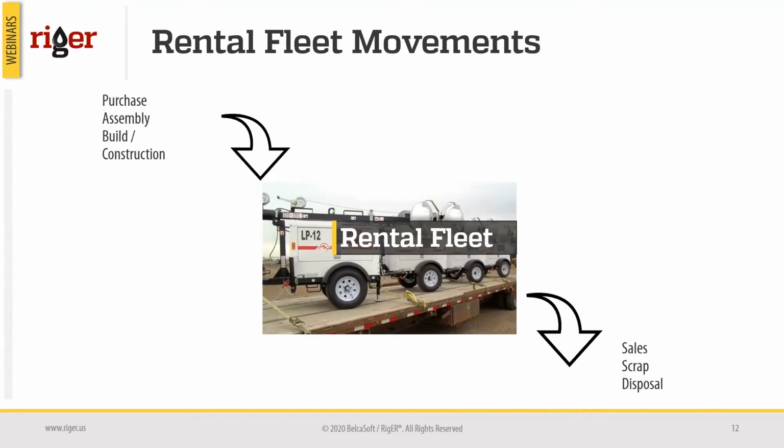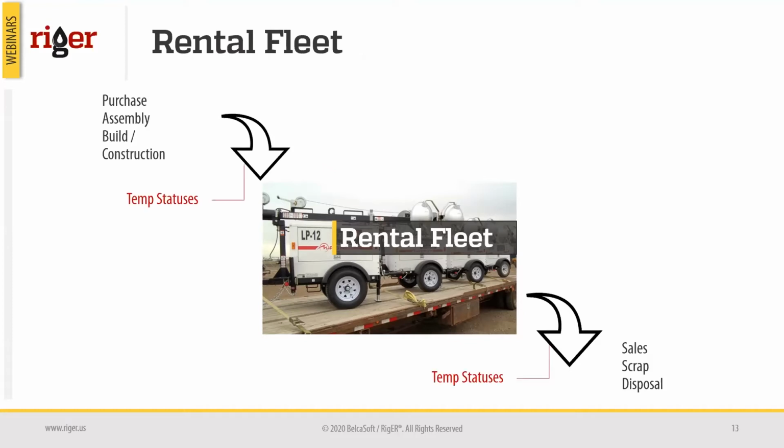So we always have different movements back and forth, and in some cases we have temporary statuses. We require temporary statuses to keep this equipment on our books, but exclude it from our rental fleet. From the operations standpoint, this equipment is not in the fleet. From the accounting standpoint, it's still there.